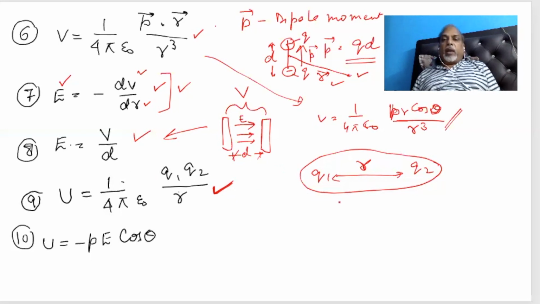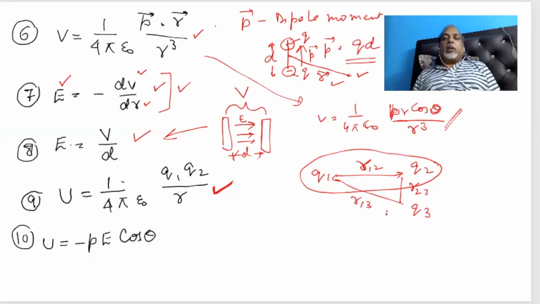Suppose we have three charges, correct? Then we have this three-charge system. This will be R12, this will be R23, this will be R13.